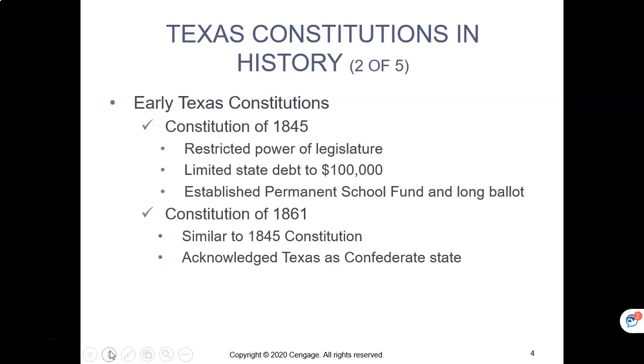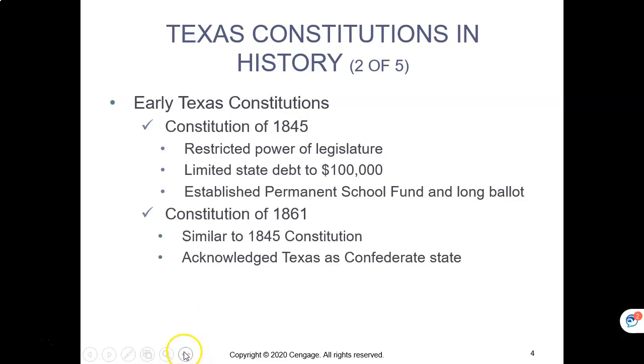They put some provisions into that constitution that said that you could not free your slaves without getting permission from a state official. I don't want to belabor the point, but I do just want to say that when Texas decided to secede, they signed a document that is called the Declaration of Causes.